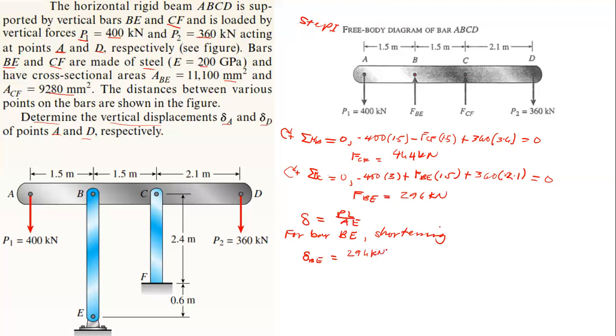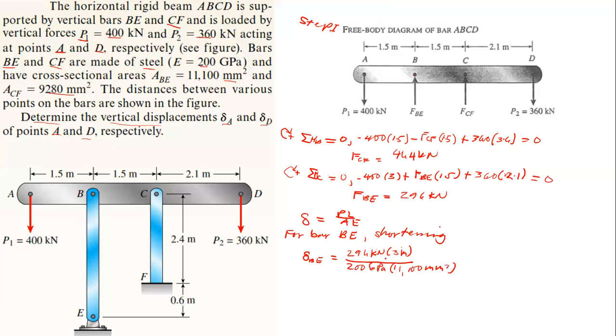The unit is newtons times 3 meters, over our E, which is given as 200 gigapascals, times the area of BE, which is 11,100 square millimeters.